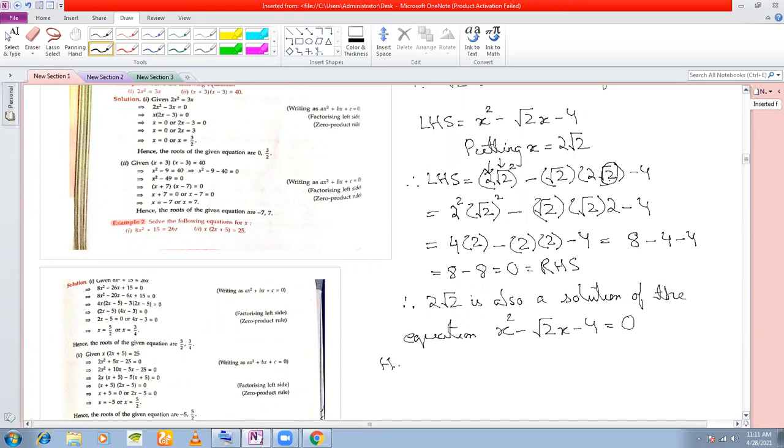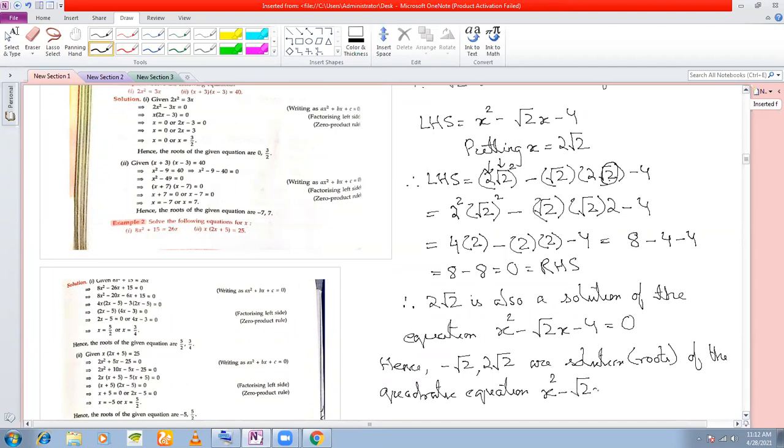So your answer is hence minus root 2 comma 2 root 2 are solutions or roots of the quadratic equation x square minus root 2x minus 4 equal to 0. That is what you have to check, hence verified.